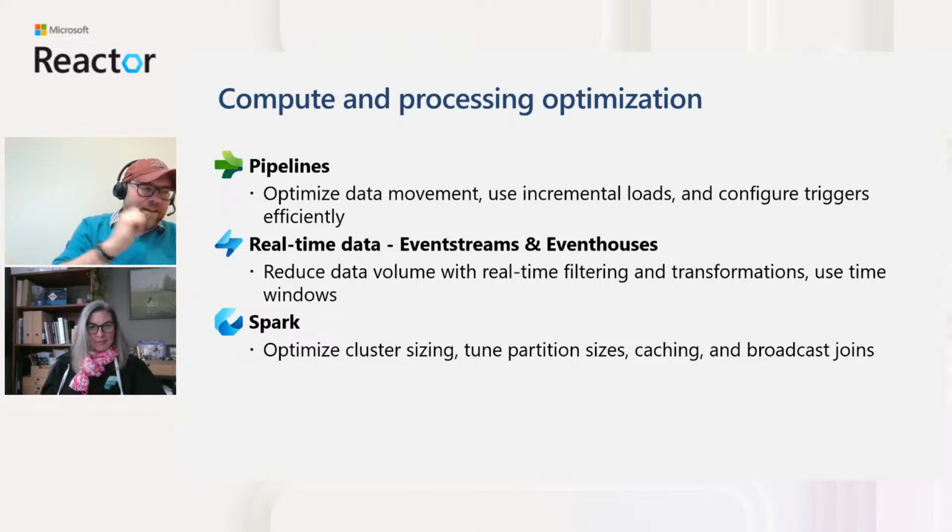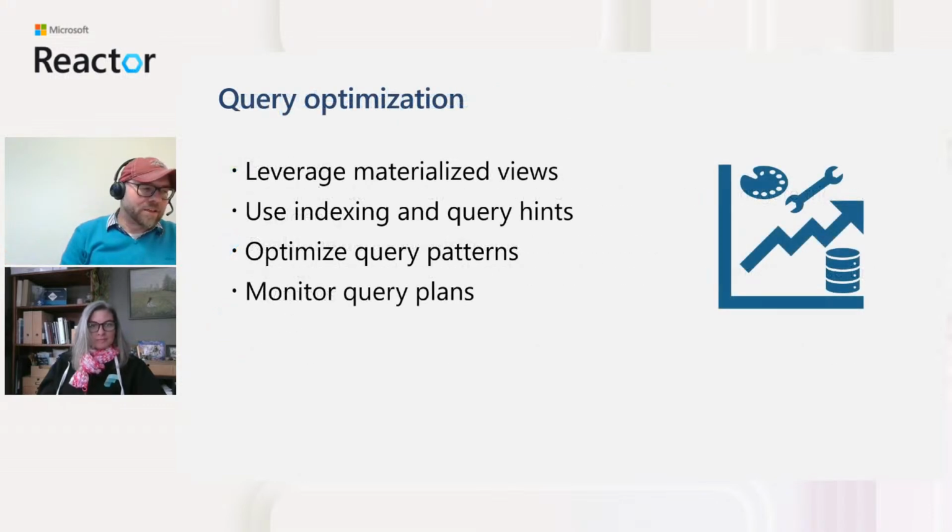So let's have another look at the query optimization. I already talked a little bit about materialized views. A materialized view is something like a view which is stored as a table, right?